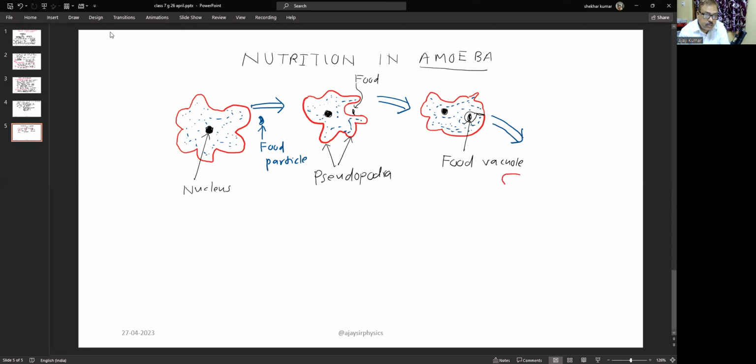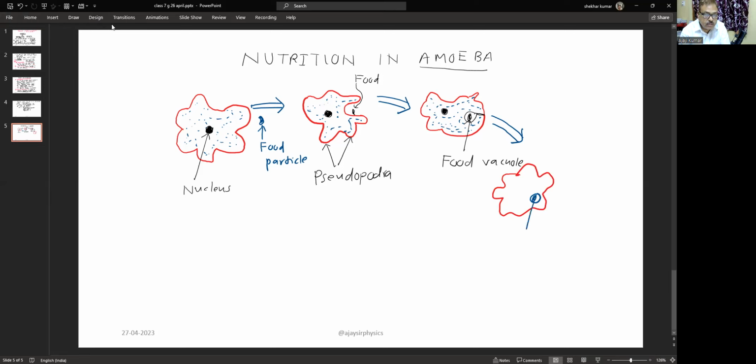Amoeba and the pseudopodia inside it. Yes, pseudopodia is here. We just show here how to draw the food present in the food vacuoles. This is the part inside where food vacuoles are present.